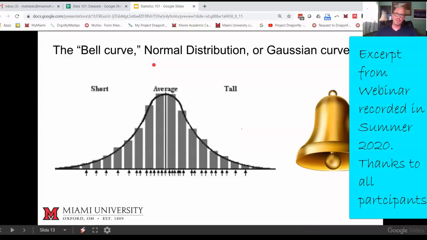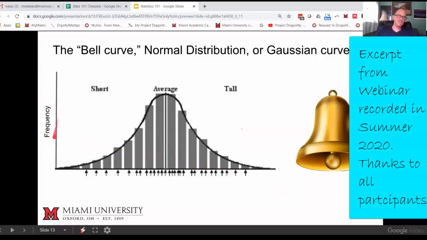So it's very useful. It's also known as a Gaussian curve. I just want to put that in there because the mathematician that originated this was named Gauss. He was a German mathematician. So some fancy people will say, oh, do you mean a Gaussian curve? And you can roll your eyes, but you will know that is just a normal distribution. Good to know the different terms people throw at things.